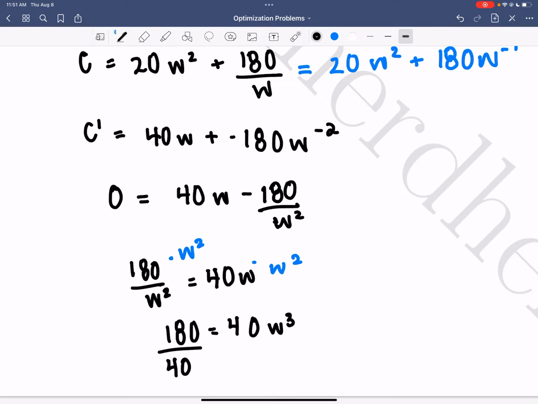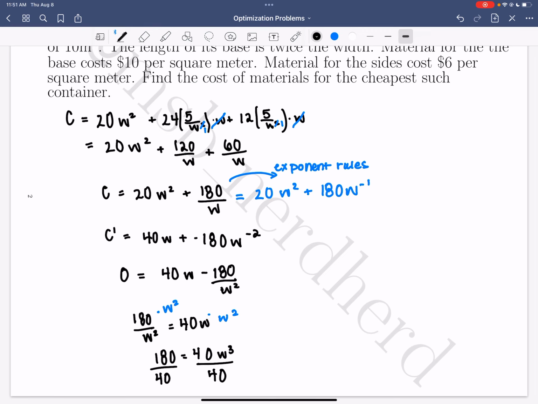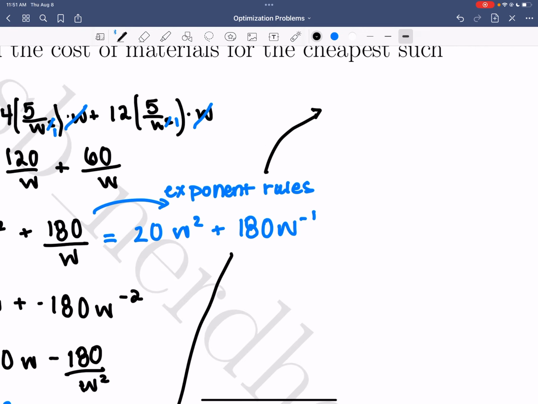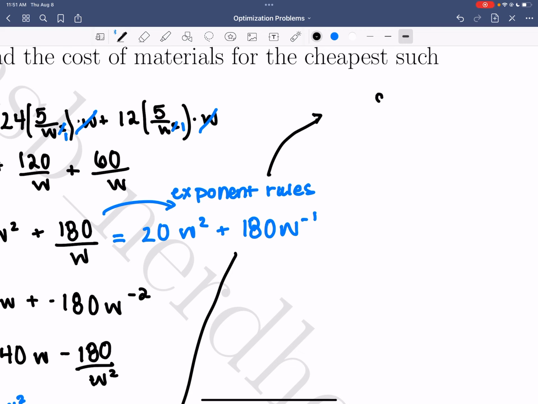Divide both sides by 40. That's going to give us 9 over 2. So we just simplified 180 over 40 is equal to W cubed. Take our cube root, and we have that W is equal to the cube root of 9 over 2.